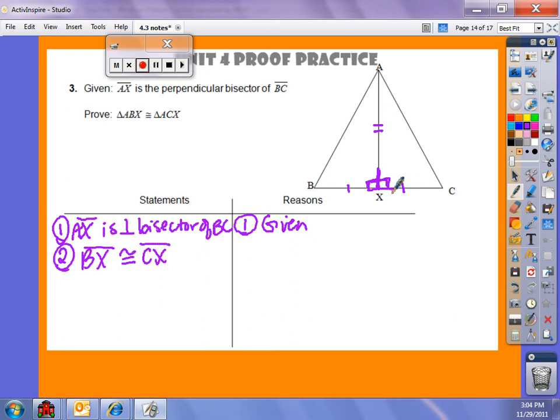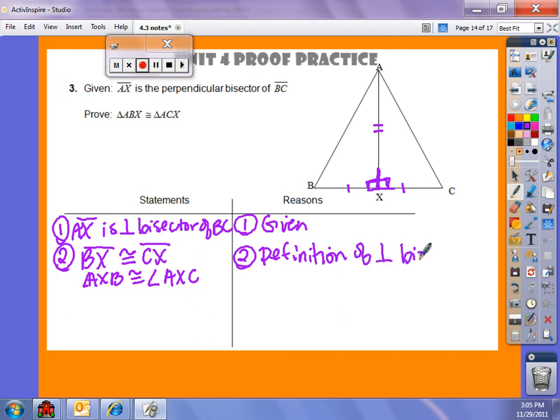So I'm going to say also that angle AXB is congruent to angle AXC. The reason I know that is because that's what a perpendicular bisector does. So I can say definition of perpendicular bisector for these two items.